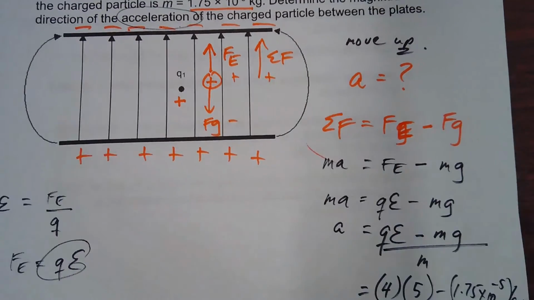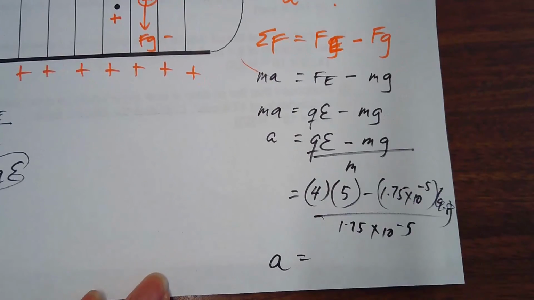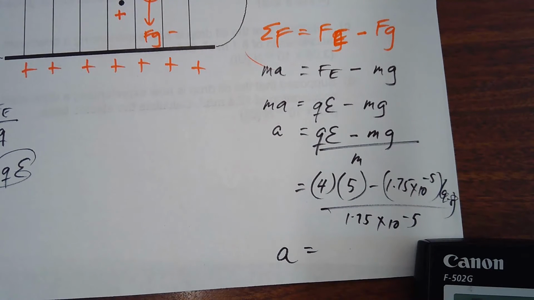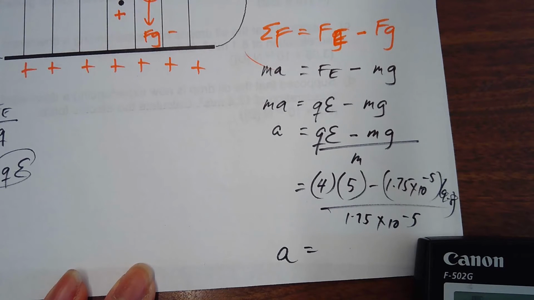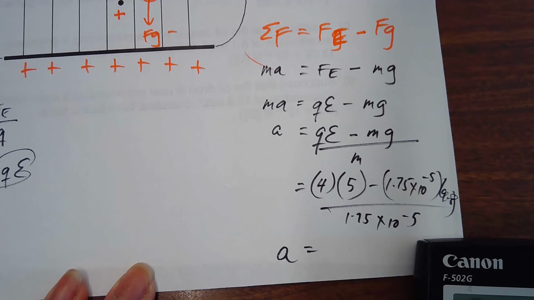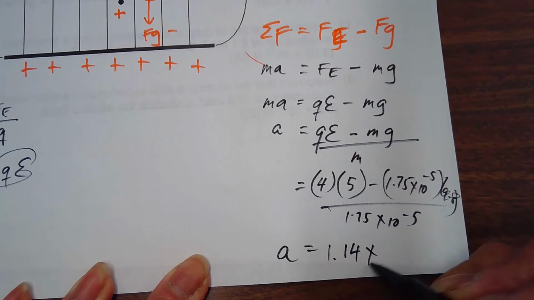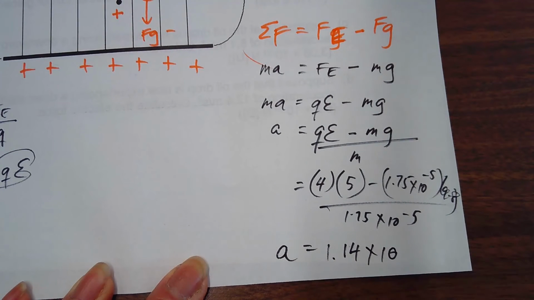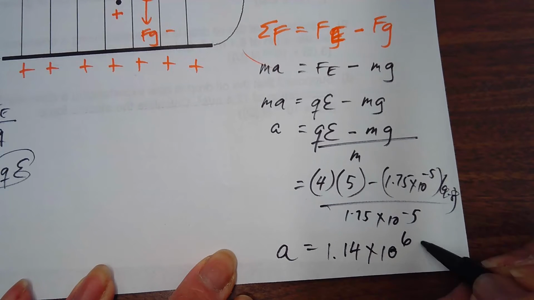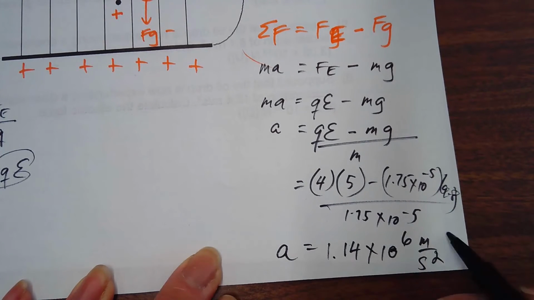And we know our acceleration, okay, which is 1.14 times 10 to the power of 6 meters per second squared.